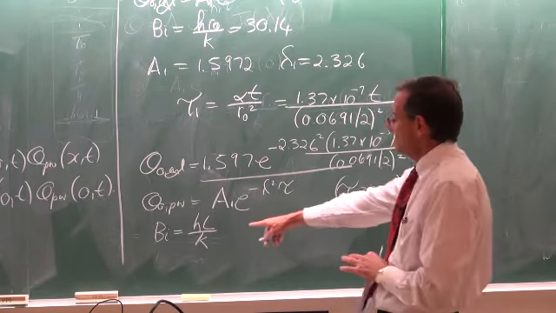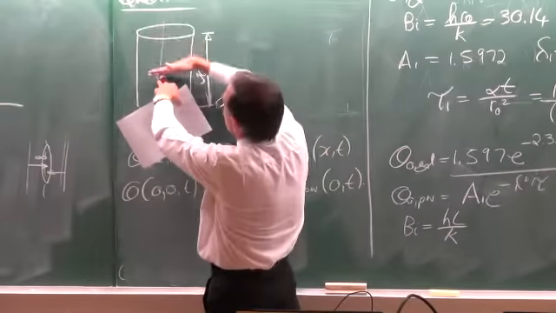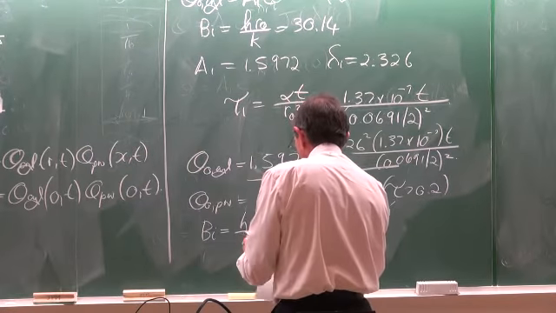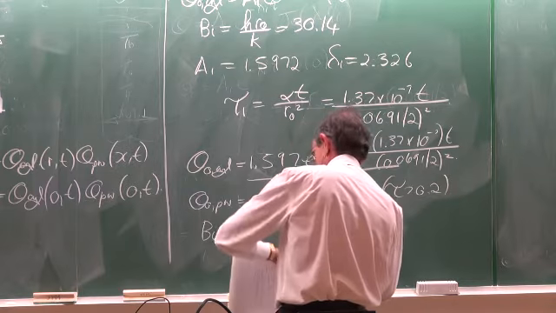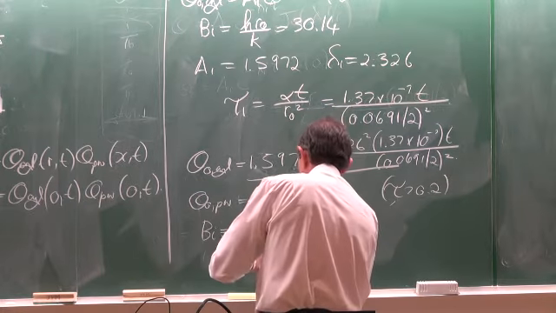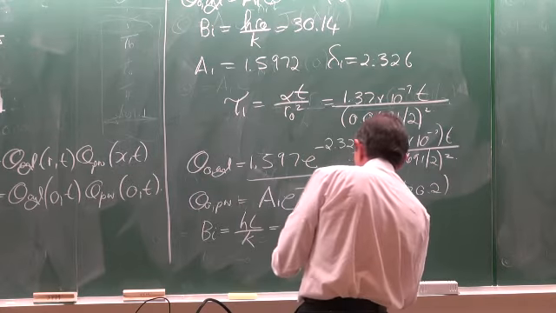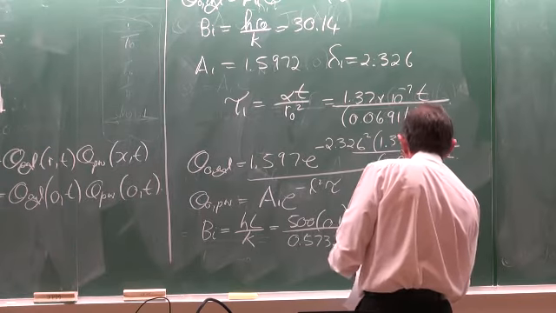What is L in this case? L is that distance there for the plane wall, so it is 100 millimeters. So it's 500 multiplied by 0.1 divided by k, which is equal to 0.5732, and that would give us a Biot number of 87.23.